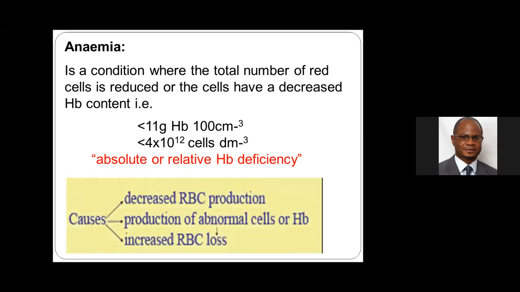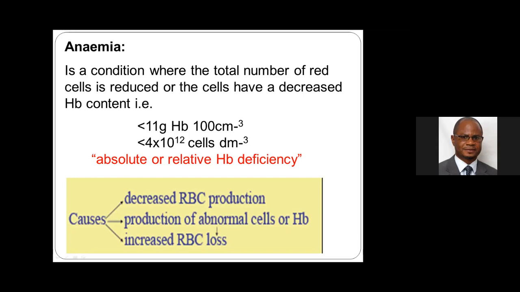So the causes of the decrease will be the fact that RBC numbers are not being produced adequately, or there's production of abnormal cells or hemoglobin, or there's increased loss of red blood cells. These are the three main causes of anemia.